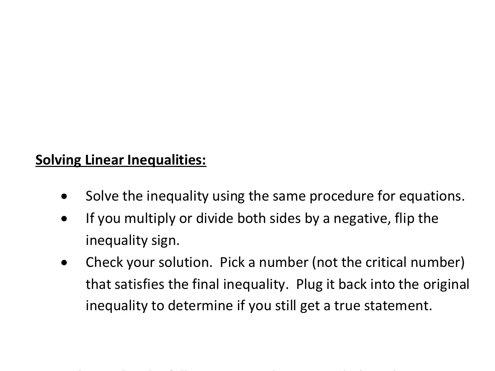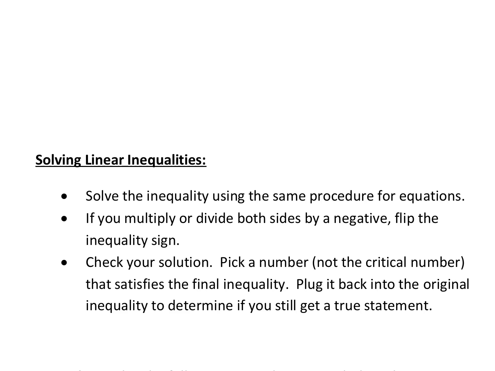So the first thing that we want to do is solve the inequality using the same procedures for equations. The only difference between inequalities and equations is this next step. If you multiply or divide both sides by a negative, you need to flip your inequality sign.